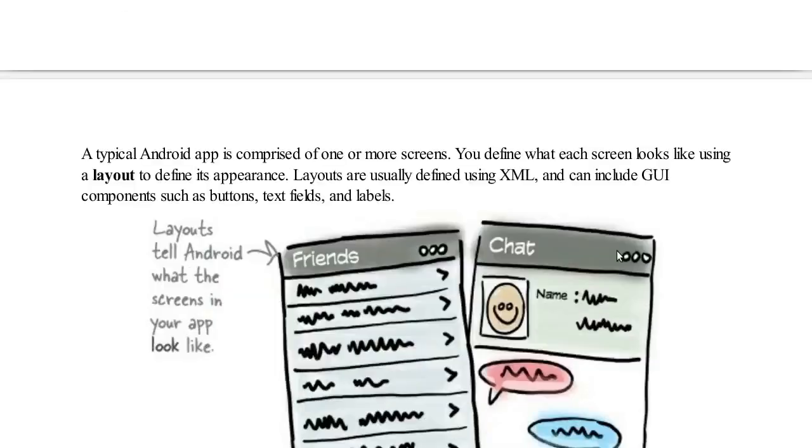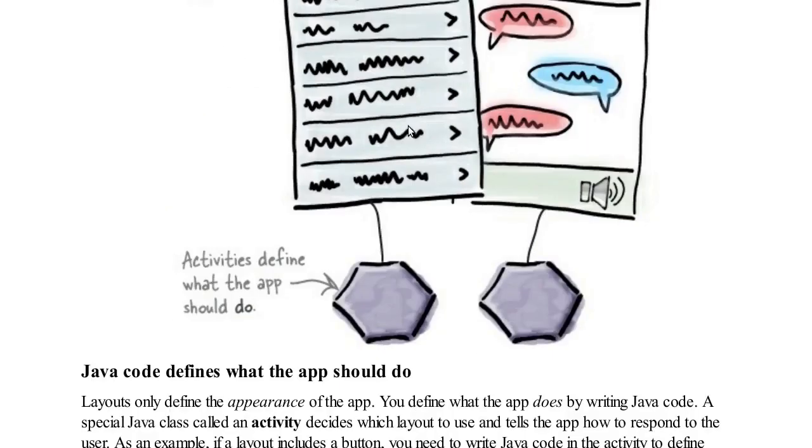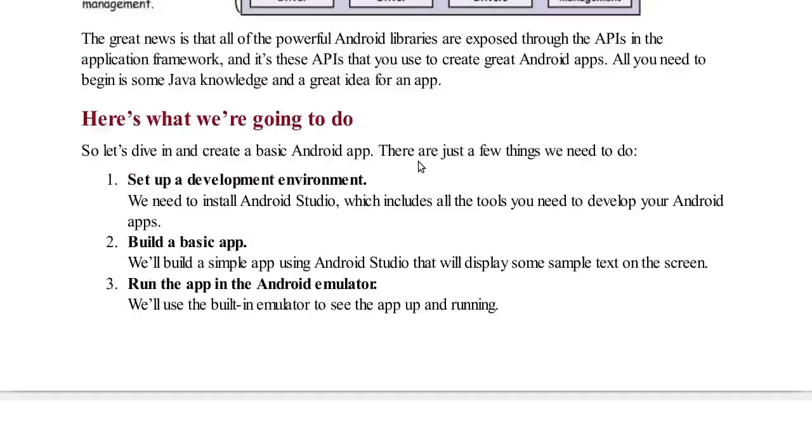Here you can see this is a layout like a list of friends, and when we click on any one of the friends, it will display a description of that friend. That is an example of the layout. That is the architecture, I will cover this.